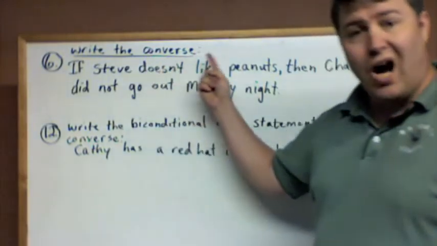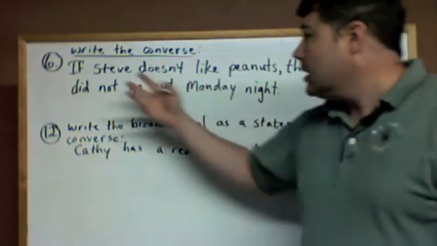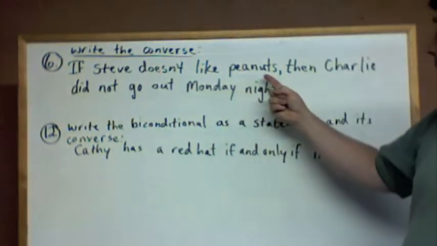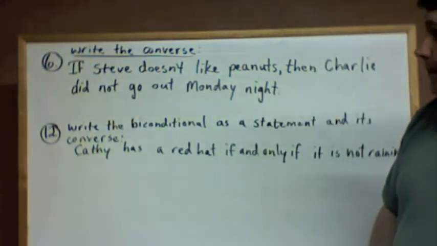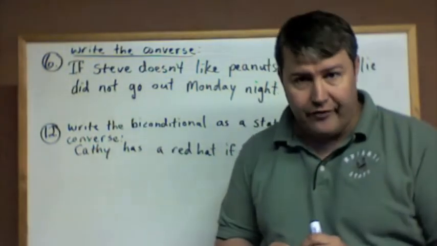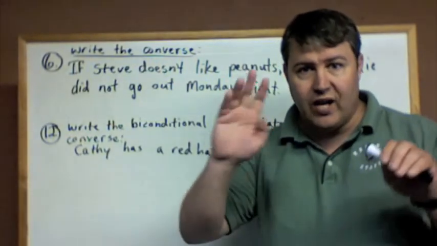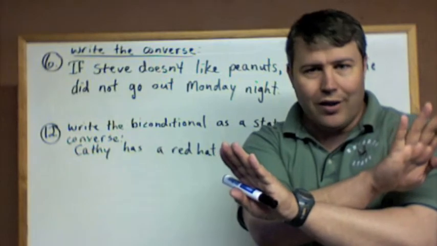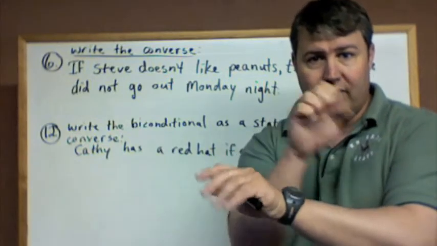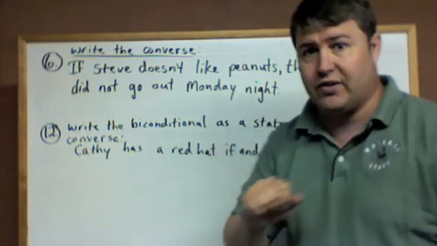It says, write the converse of the statement. If Steve doesn't like peanuts, then Charlie did not go out Monday night. Remember that the converse is a statement where you take the if and the then and switch them around. So all I'm going to do is take the then part of this statement and make it the if part of the statement.